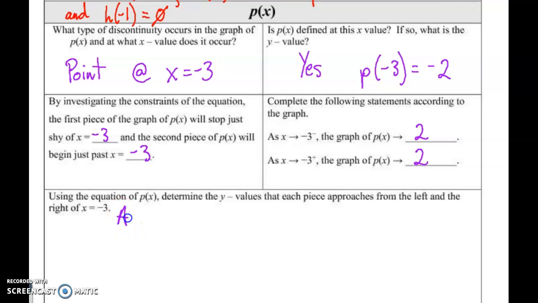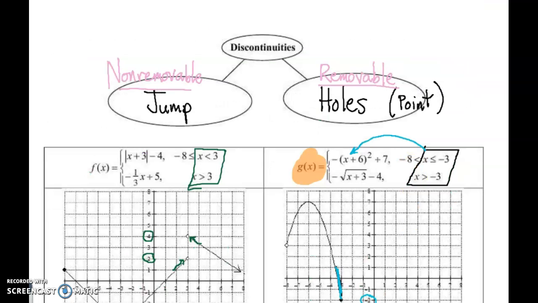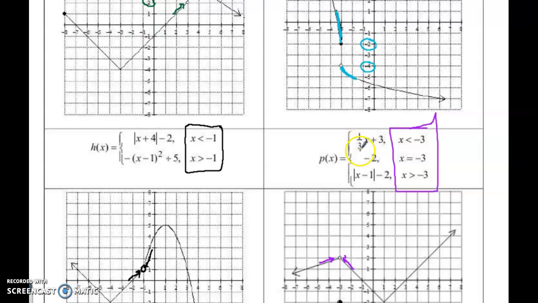So as x goes to -3 from the left side, P of x, we're going to use the top equation. The top equation is 1/3 times -3 plus 3. And you plug in -3 right there. -1 plus 3 is 2.